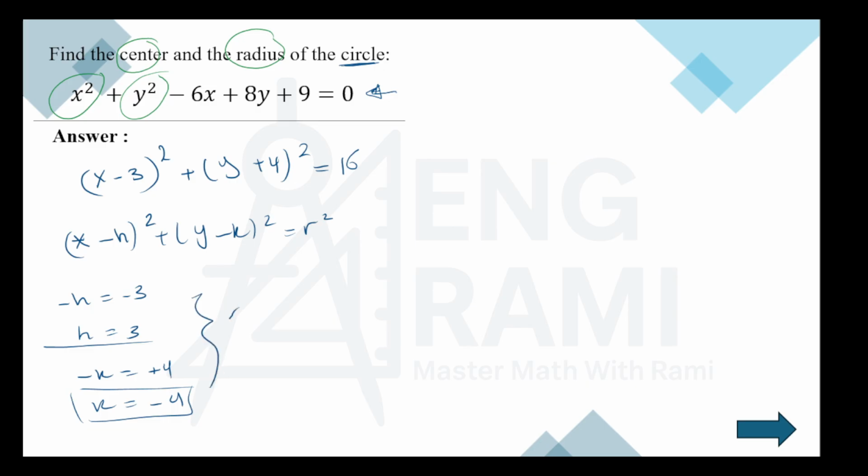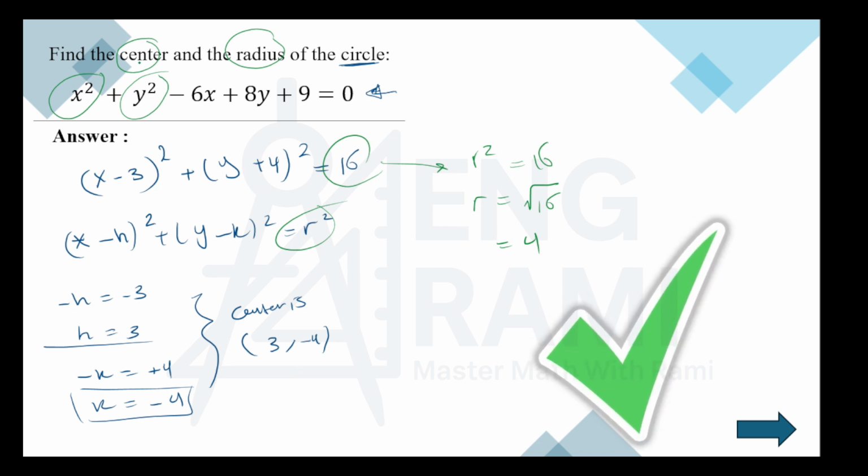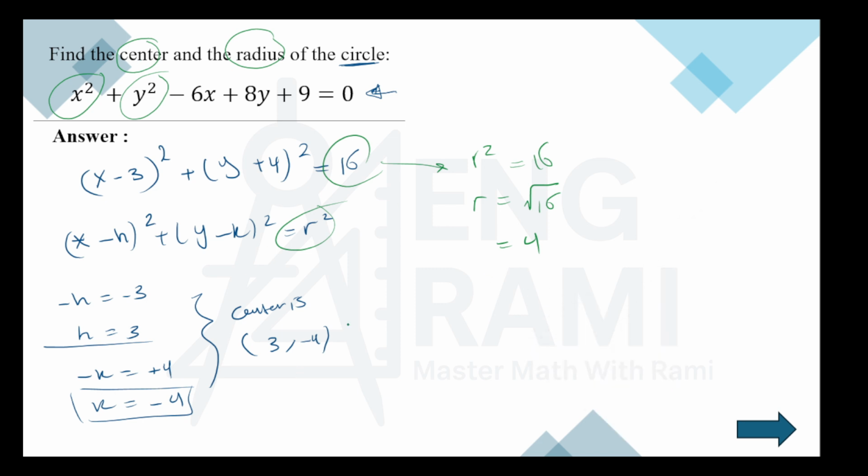From here, the center of the circle is 3, negative 4. And the radius, r squared equals 16, then r equals the square root of 16, which equals 4. That's what is required: center and the radius.